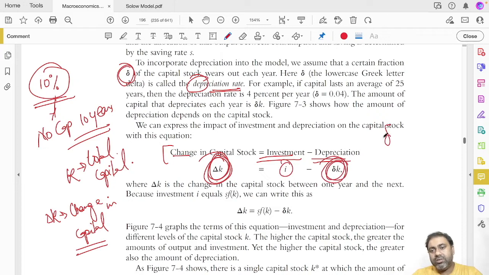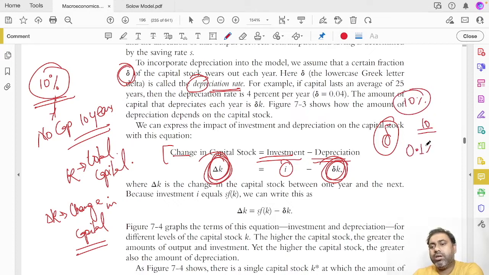Let's say the depreciation rate is 10%, and if your capital stock is 10, then 0.1 into 10 is equal to 1. So 1 unit of capital will get removed from the economy if the total, that is 10, remains constant. So now we need to incorporate this into the equation.